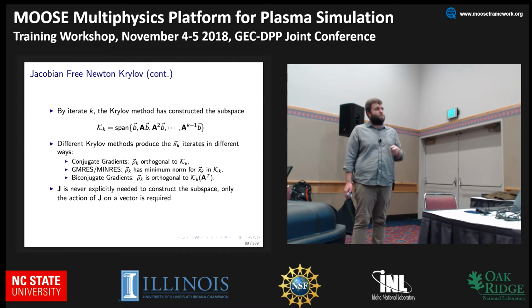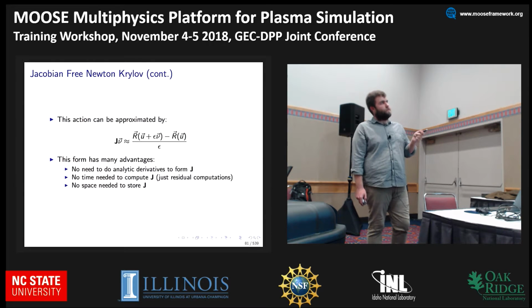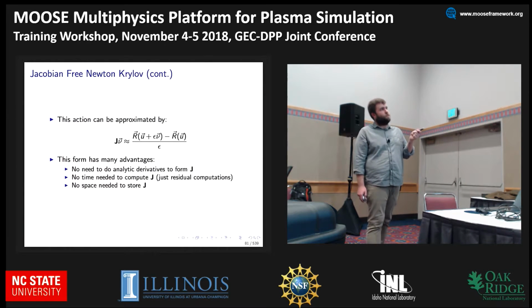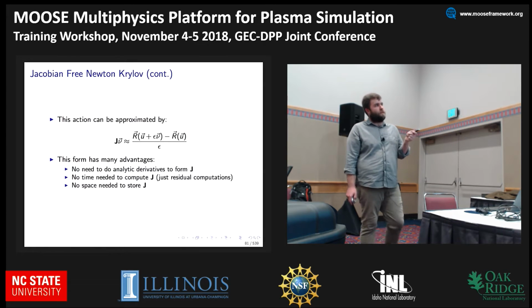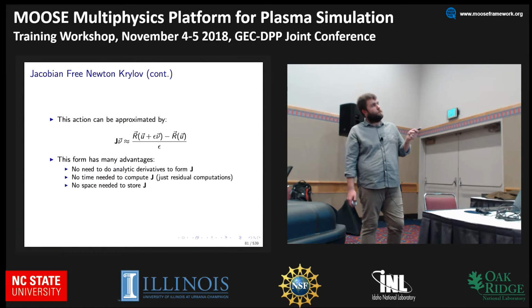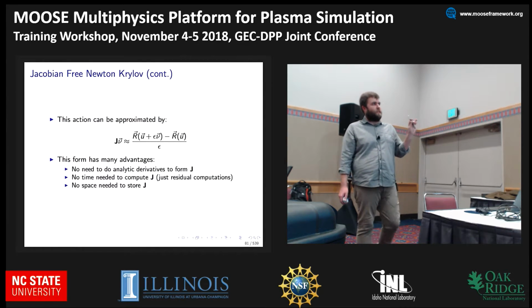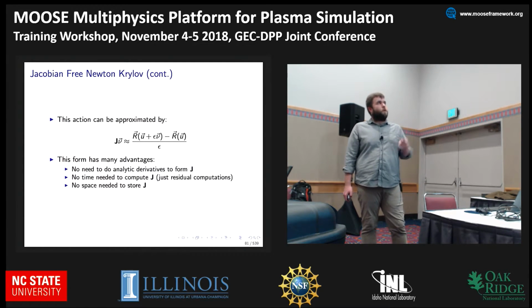Essentially, we're approximating the Jacobian. Moose is determining this approximation, but we don't have to do any analytic derivatives to determine the Jacobian. The time we have to take is just for the residual computations. If we don't want to take up that much room in memory, then the Jacobian-free Newton-Krylov method is a good way to do it.